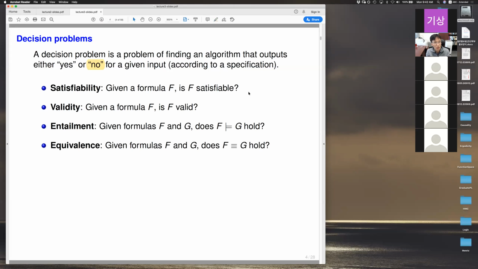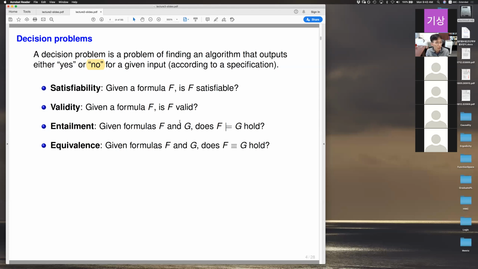The propositional logic that we covered generates a few decision problems. I just listed four. The first is satisfiability: the input is a formula F, and the output is whether F is satisfiable or not.